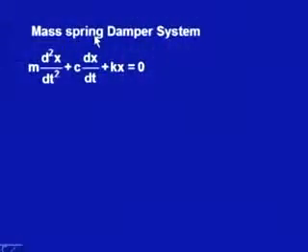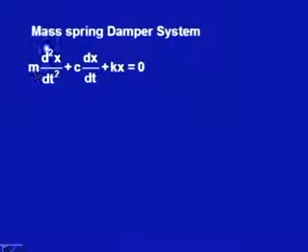So, we illustrate this for some simple physical problems. For this purpose, I start with the mass spring damper system. We have a simple system consisting of a mass m attached to a spring with spring constant k, and a damper is present in the system, in which the damping is proportional to the velocity dx by dt, and c is the damping coefficient.